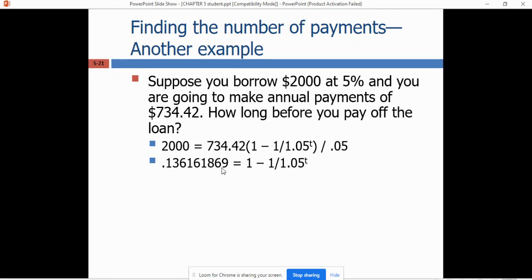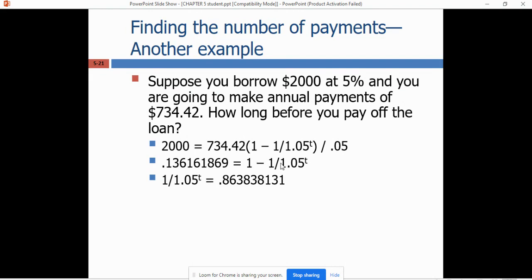Then you calculate the rest of the part, which is 1 minus 1.05 to the power of negative n.